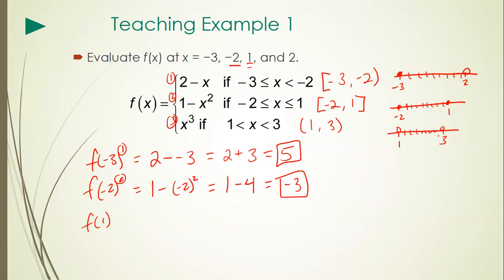It's only included when the expression has the equal to. So we're using our second expression. So we're plugging in -1 for x. So we have 1 minus -1 squared. That's going to give us 1 minus 1 equals 0.